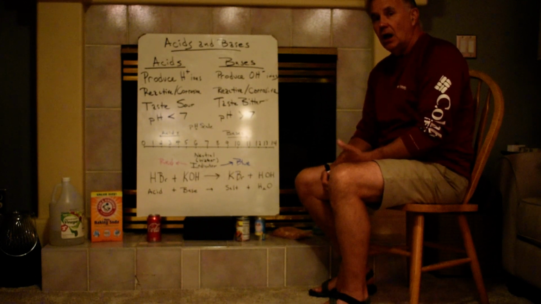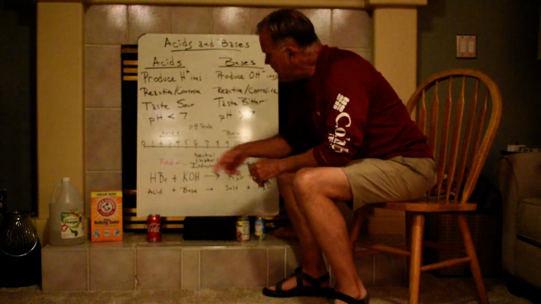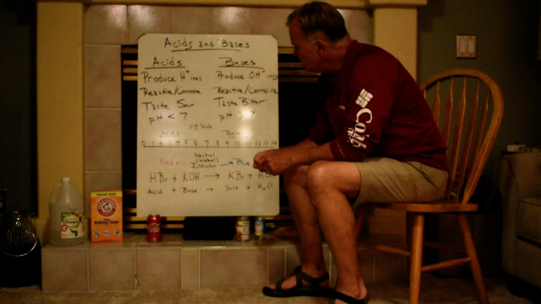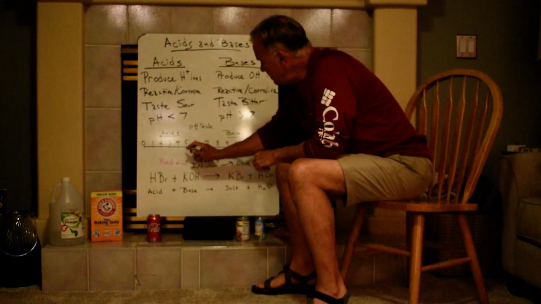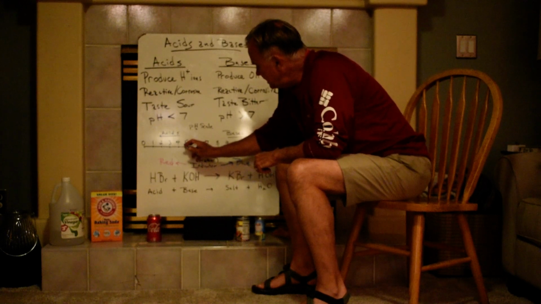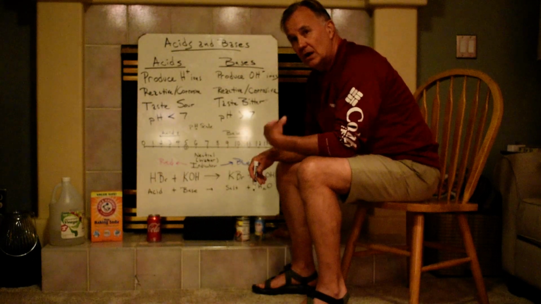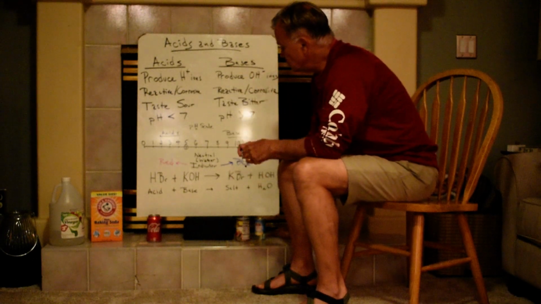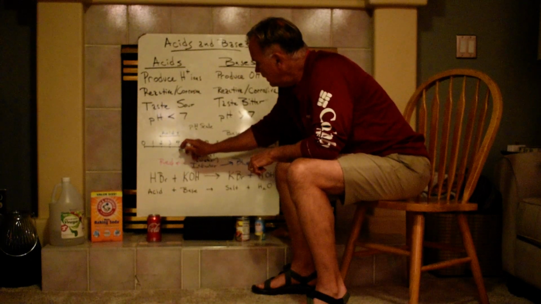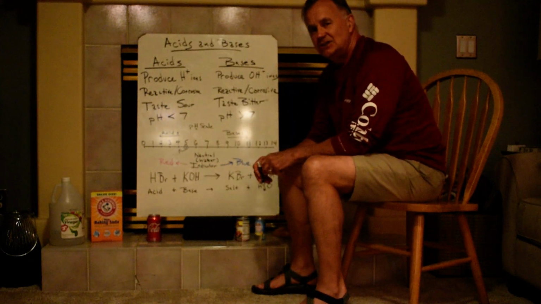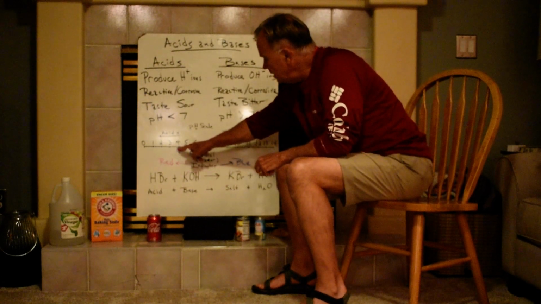It's a logarithmic scale, which means every time you jump one number, it's a 10 times difference. So if you have something like rainwater, you may have a pH of 4 to 5. Let's say it's a pH of 5. If you get more acid in the clouds and so forth, more acidic rain, it may move down to 4. A difference of one pH is actually a 10-fold difference, so 10 times stronger here than here.